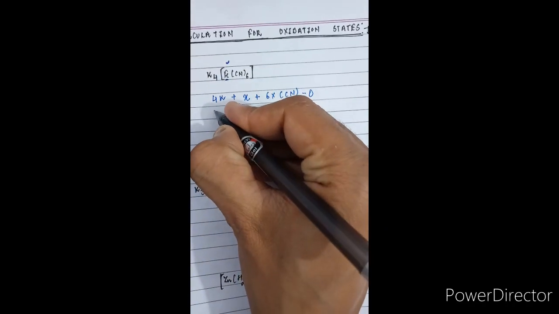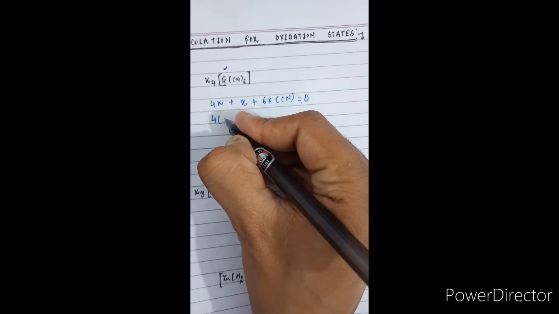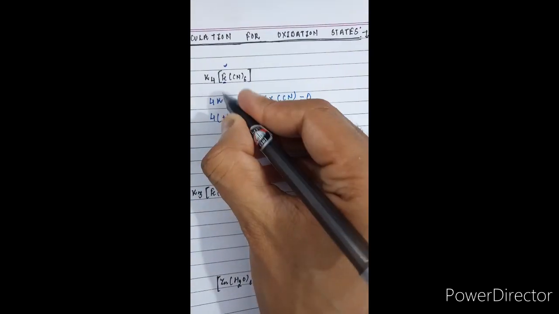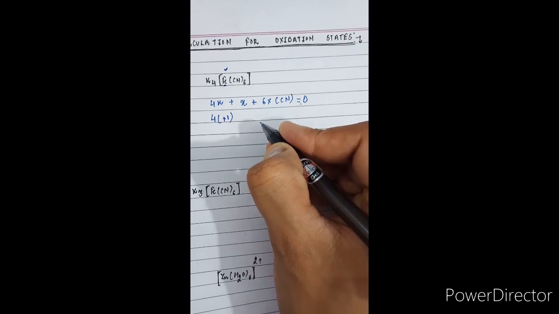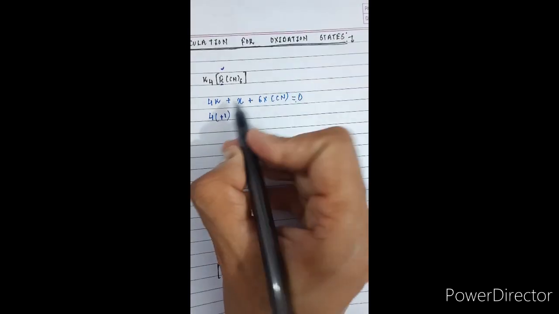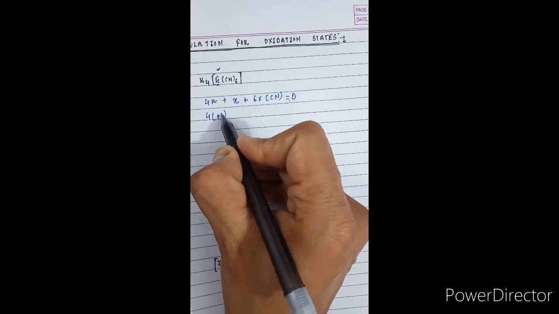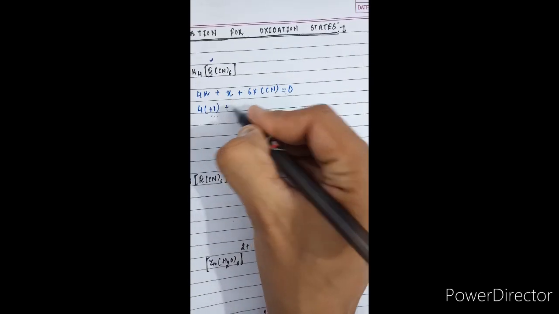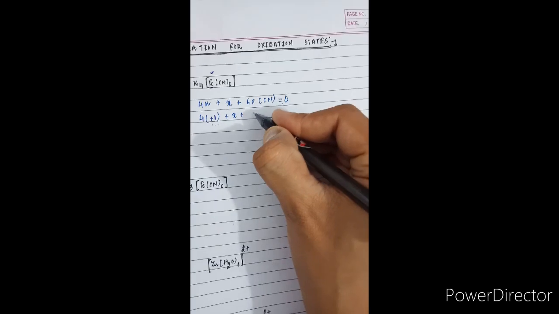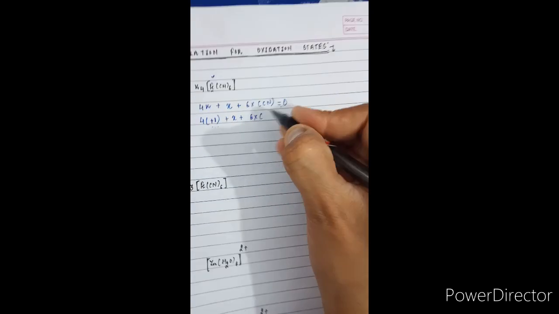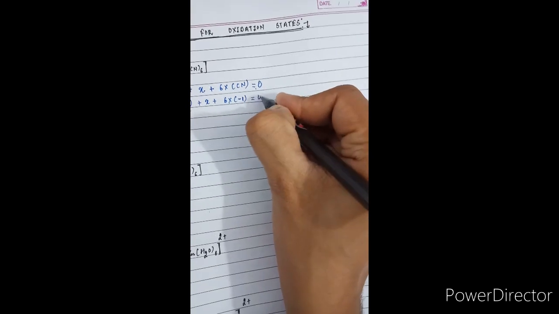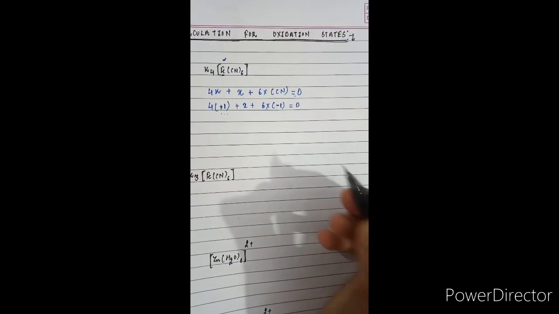Then we have to put +1 for the potassium, because potassium is a first group element and its valency is +1. So according to the valency we have to put the digits, and X is the oxidation state for iron, and 6 into CN negative. The charge for the CN species is -1, so we have to put the charge of that particular species.